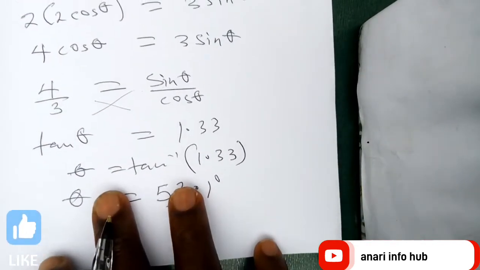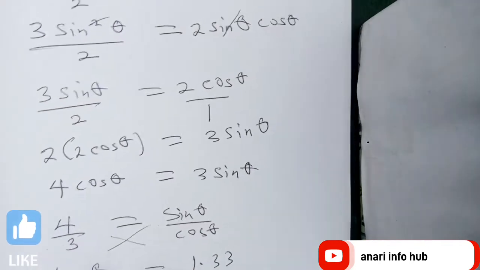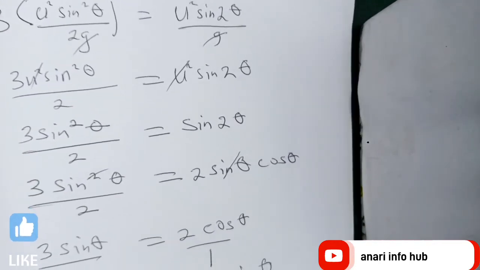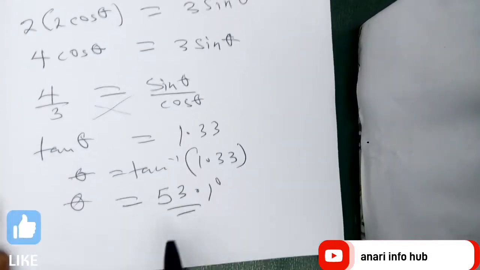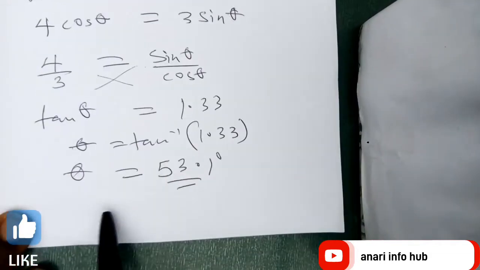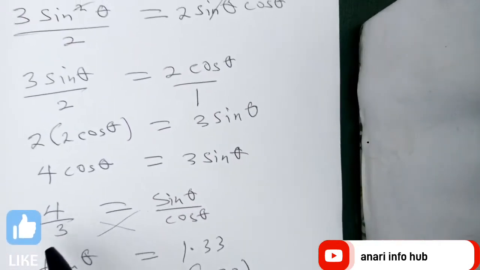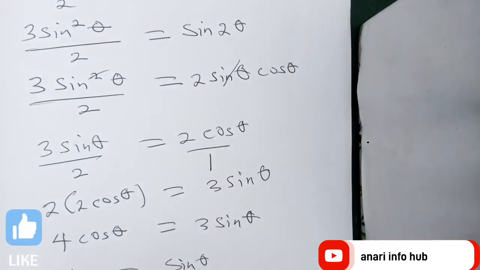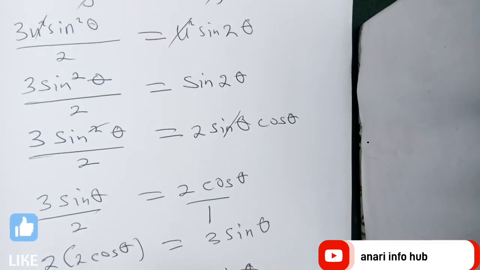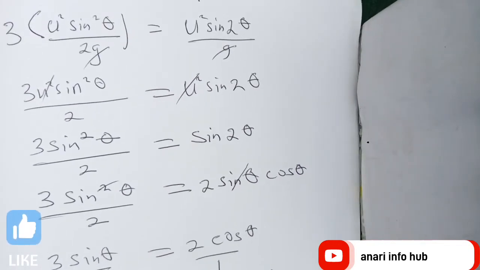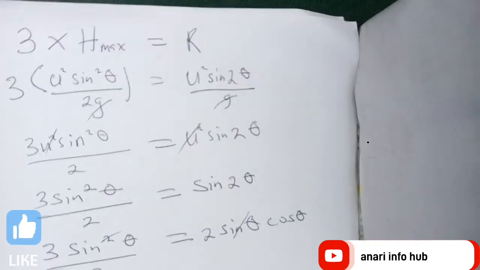So with this, we've come to the end of the problem. The angle of projection is 53.1 degrees. If you've not understood it, please go through it again, and if you have any question, just drop it in the comment section.